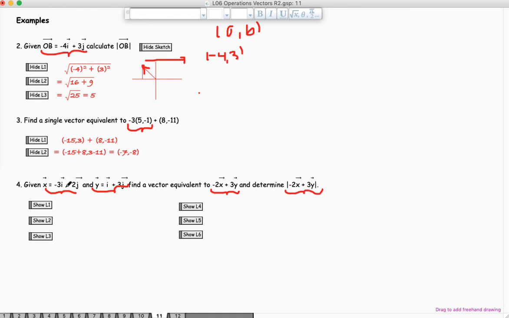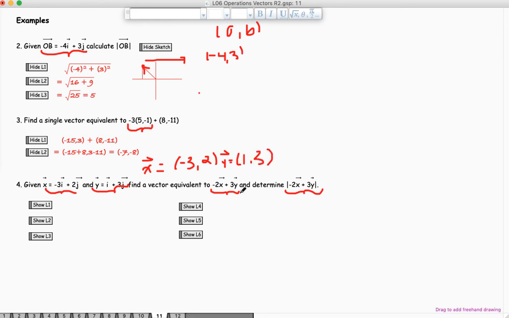So the first thing I might want to do is, I'm probably not going to want to work with this in unit vector form. I probably would rather say that x is equal to negative 3 comma 2 and use this algebraic form, and vector y is equal to 1 comma 3.